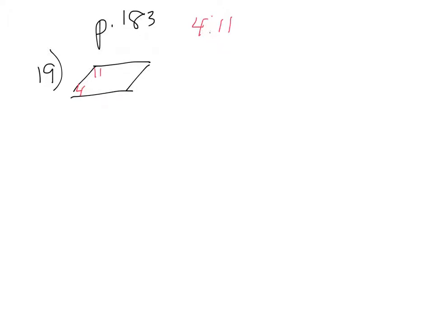Is that the measure of my angles? No, I have to add an x to it, right? So 4x and 11x. And then, Olivia, what did you say about those? That those angles here, these are supplementary. So the connection that you had to make was that I've got consecutive angles inside a parallelogram. They are always supplementary. So we're going to take those angles, 4x plus 11x, and set them equal to 180. So you solve from there.